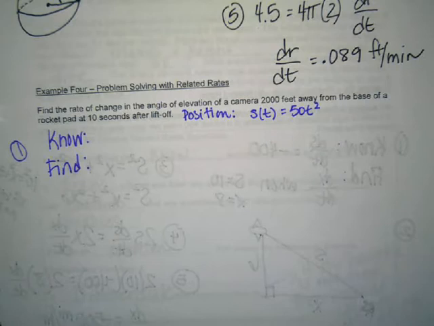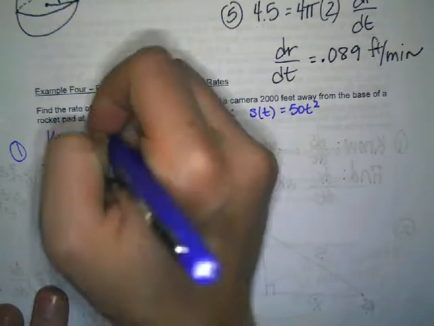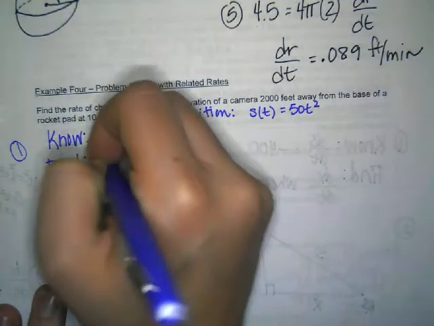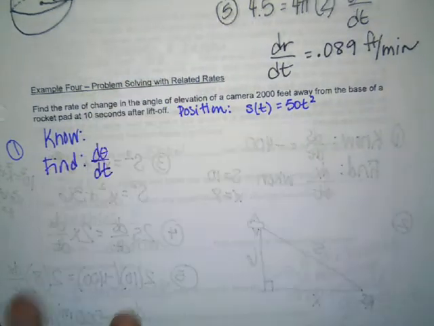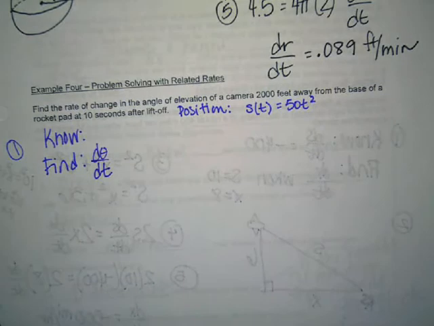In this case, we're going to use theta because we're going to draw a right triangle with this situation. We want to find d theta over dt when what? When time equals 10.